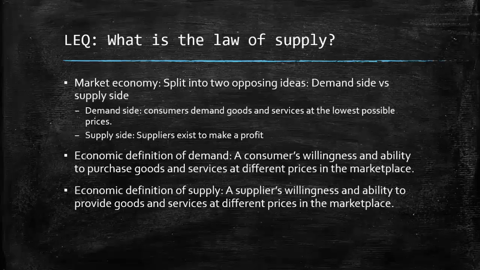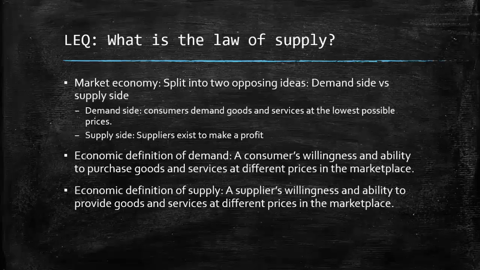It's not realistic. Now, there is the other side of the coin, the other side of the economy, if you will, and that is the supply side. The supply side are the people trying to sell us stuff, the entrepreneurs, the manufacturers, the distributors who are trying to sell us a product, and the majority of their purpose is to make a profit.